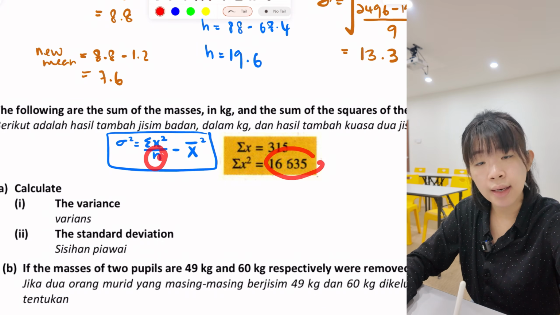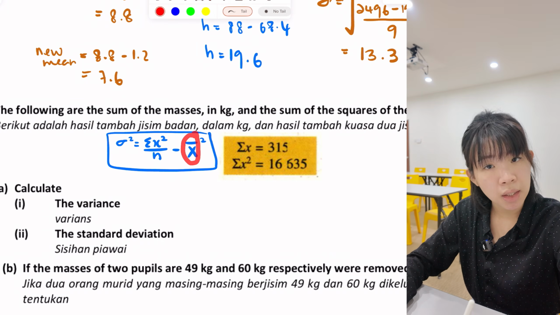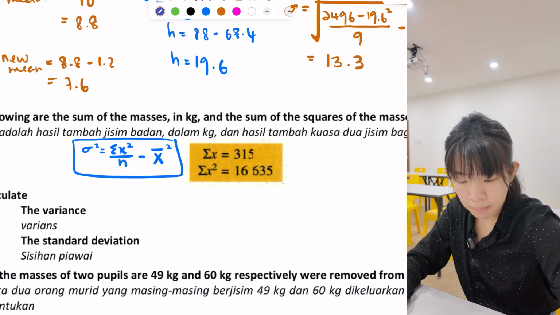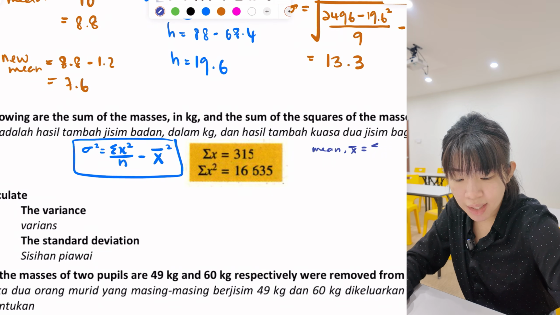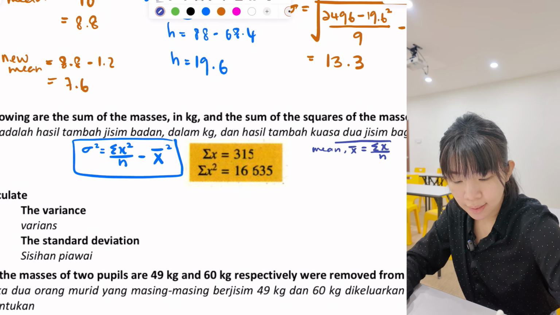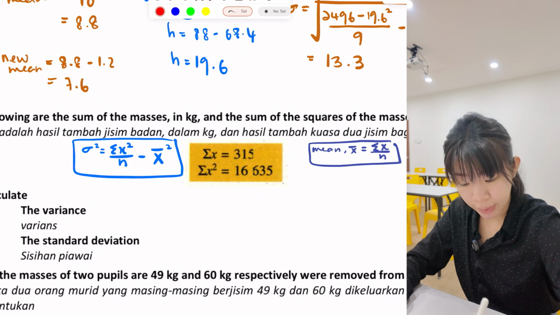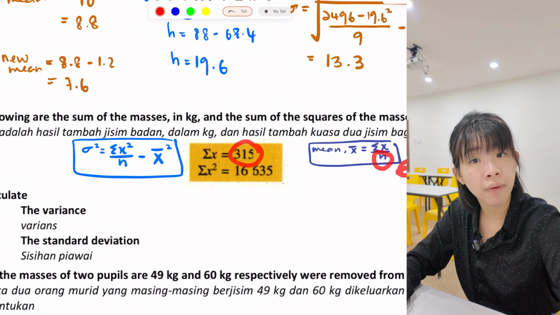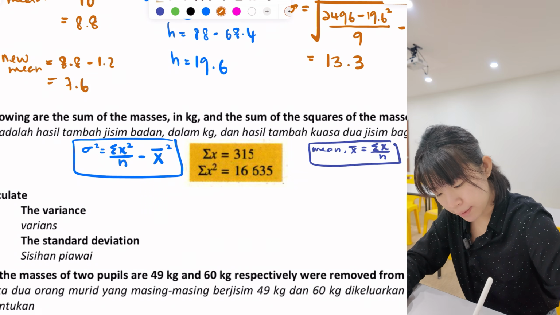Then n is 6, we have 6 students. How about mean? How do we usually find mean? We always take sum of x divided by n, correct? We have sum of x 315 and n is 6 people, so we can find mean. Then make sure to square it.